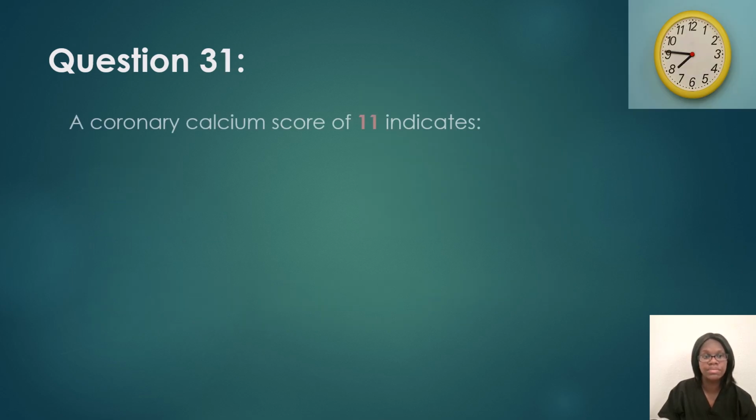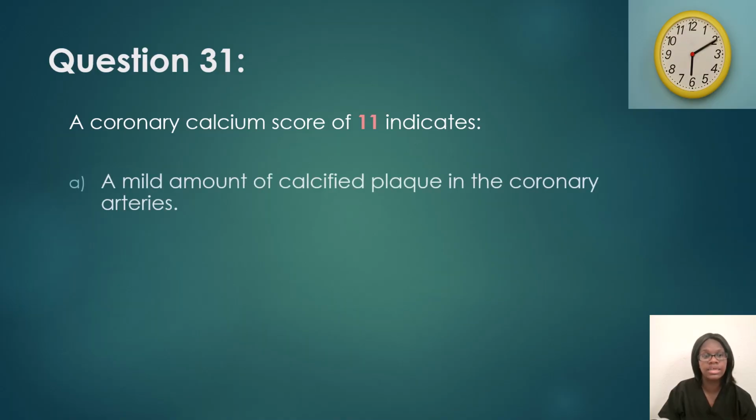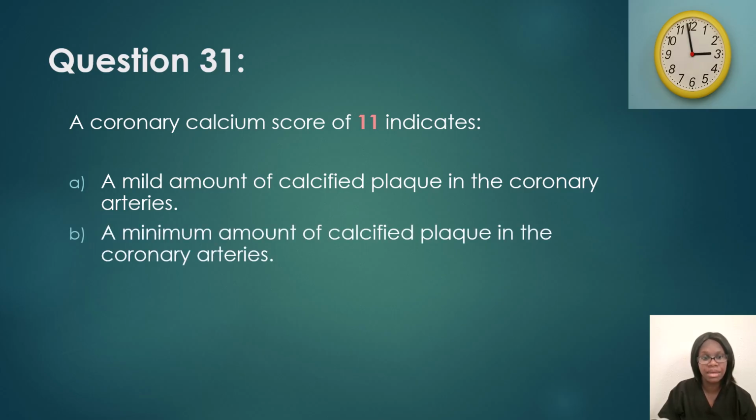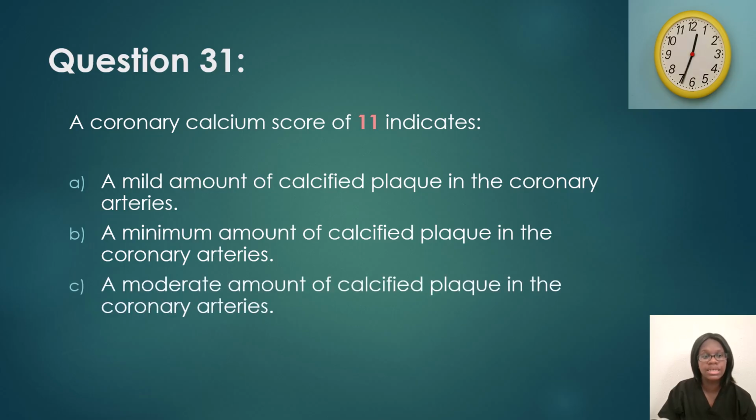Question 31. A coronary calcium score of 11 indicates A, a mild amount of calcified plaque in the coronary arteries. B, a minimum amount of calcified plaque in the coronary arteries. C, a moderate amount of calcified plaque in the coronary arteries.